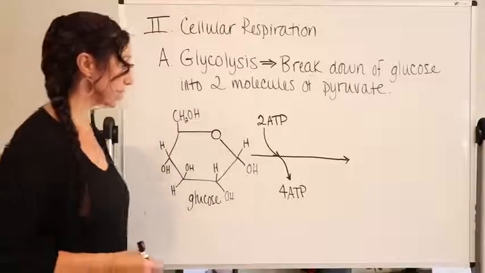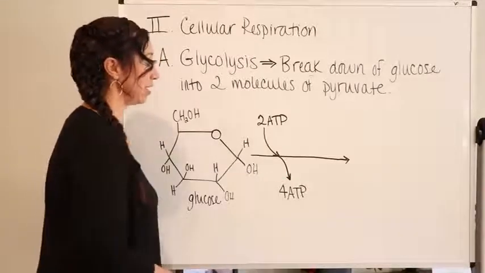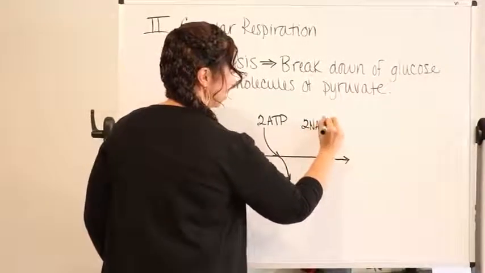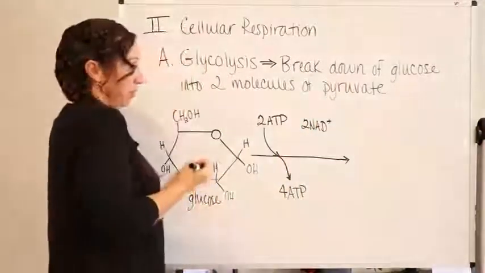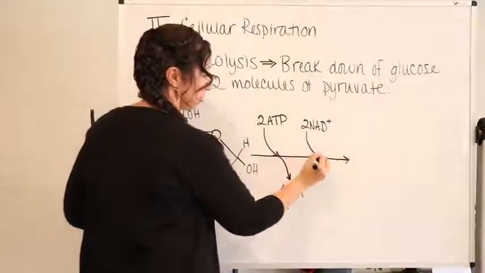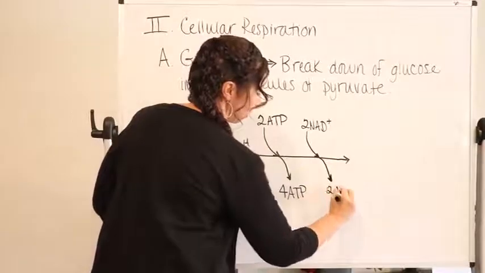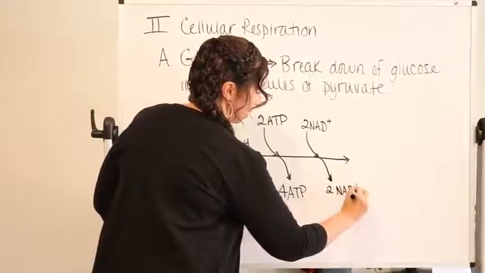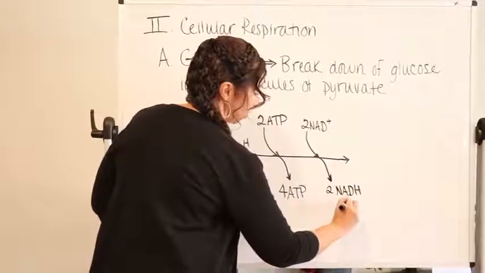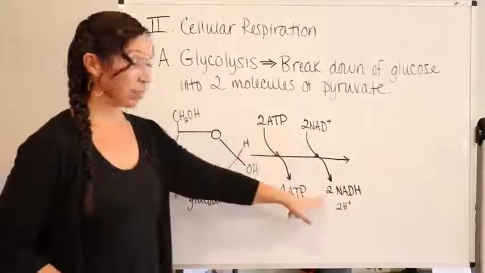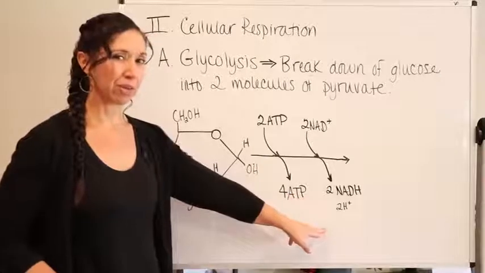The other thing that happens during this whole glycolysis reaction is that 2 molecules of NAD plus go in, and as soon as they scoop up their electrons, they come out as 2 molecules of NADH. They're also carrying 2 protons with them, because every time NAD plus becomes an NADH, there's always that extra proton in there.